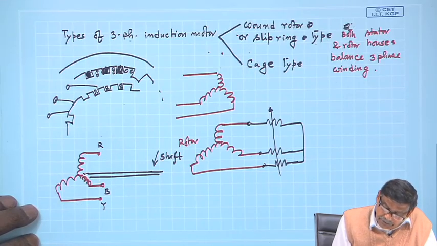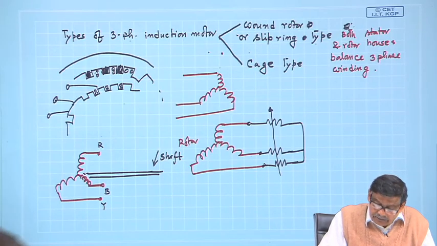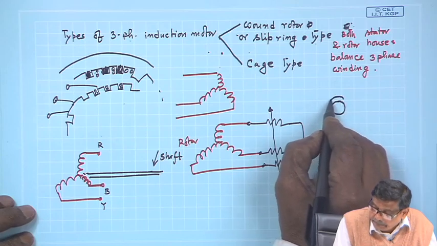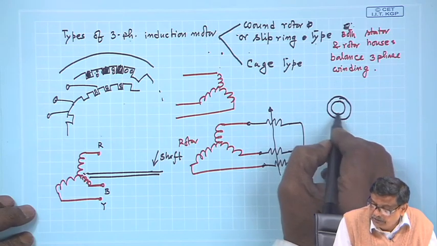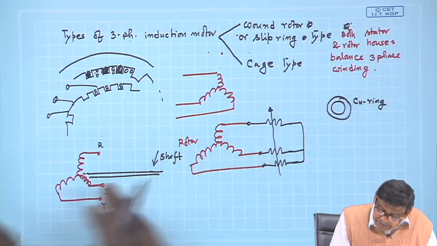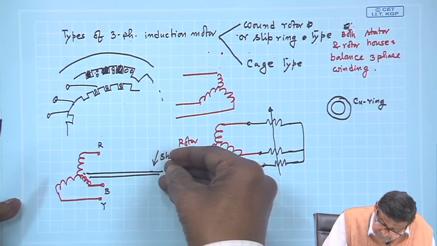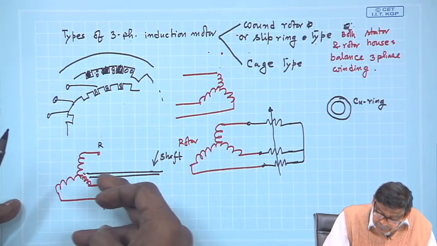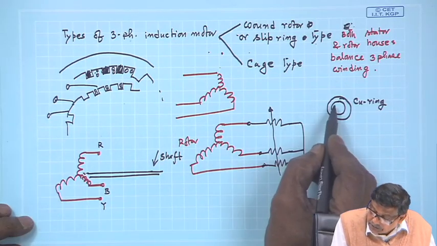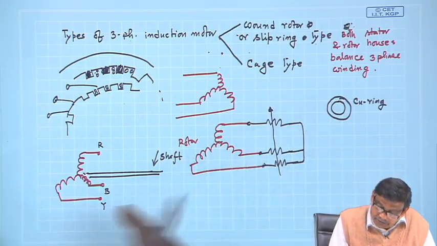What I will do is take 3 continuous copper rings, and insert those 3 rings on this shaft. Shaft is metal, copper ring is metal. Of course, there will be some insulation between the shaft and the copper, it is understood, otherwise how.